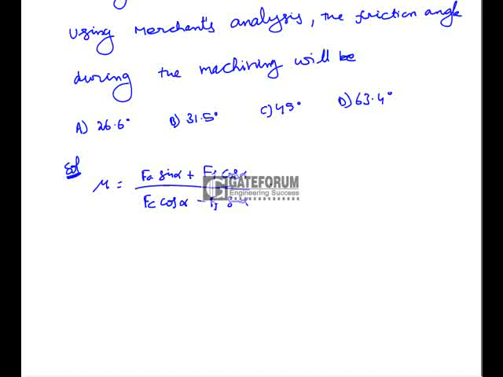Fc is 900 Newton, Ft is 450 Newton and alpha equals 5 degrees. Substitute all these values and we get mu equal to 0.614, and the friction angle is given by tan inverse of mu, where mu is the coefficient of friction. So here tan inverse of 0.614 gives a value of 31.5 degrees. So in the options, the right option is B. B is the right answer.